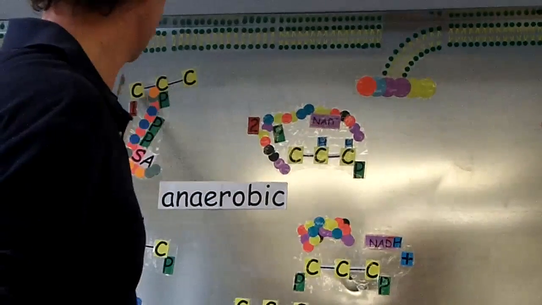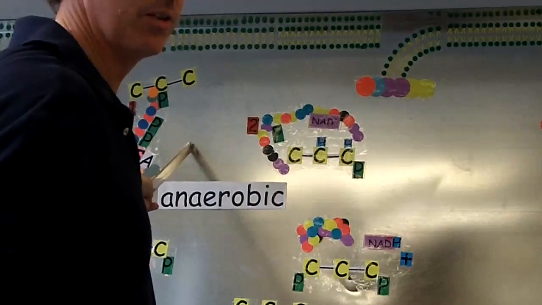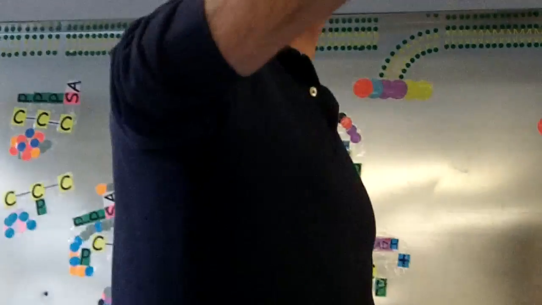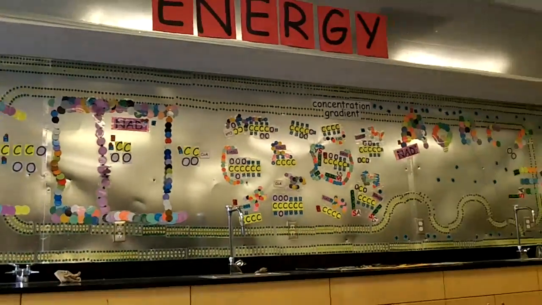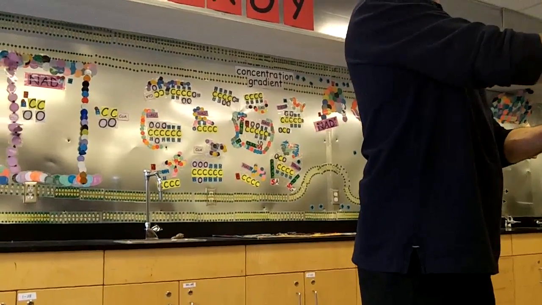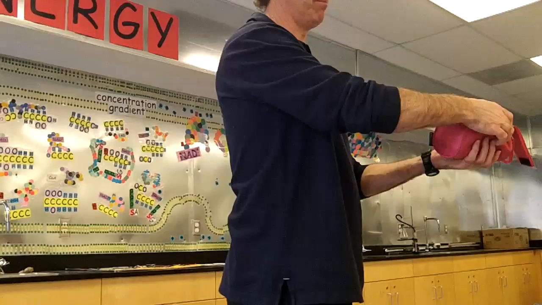Okay, Victoria, do you know what the substrate is here? No. Okay, Lauren? It's the PEP. Yeah, the PEP. So just go over this in your mind again. The substrate is what? The substrate is the molecule that fits into the what? The active site. The active site of what? The enzyme.